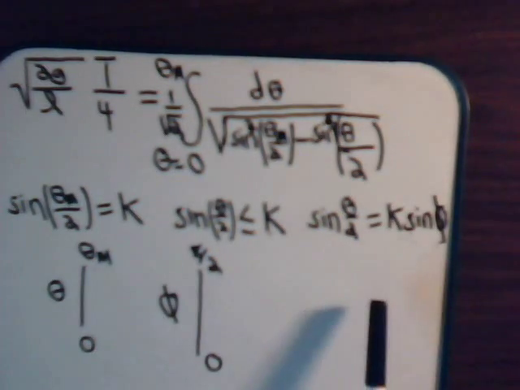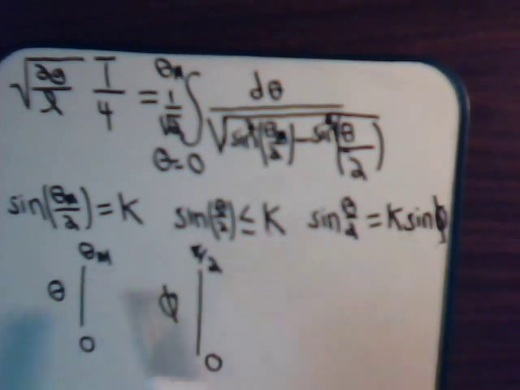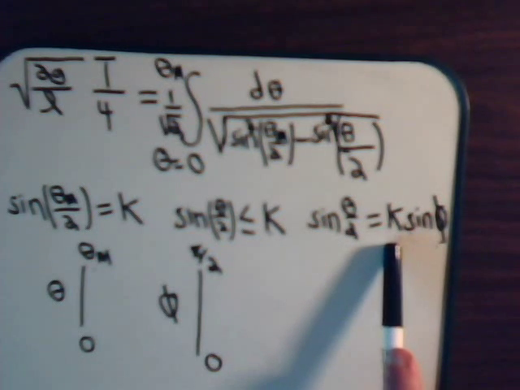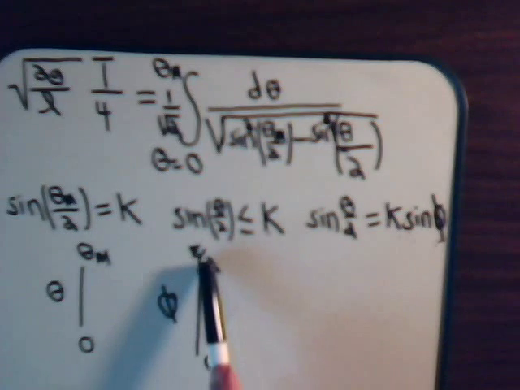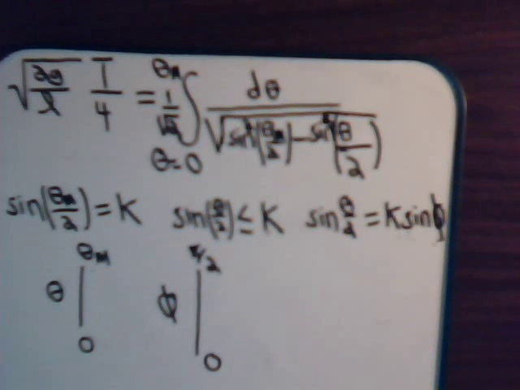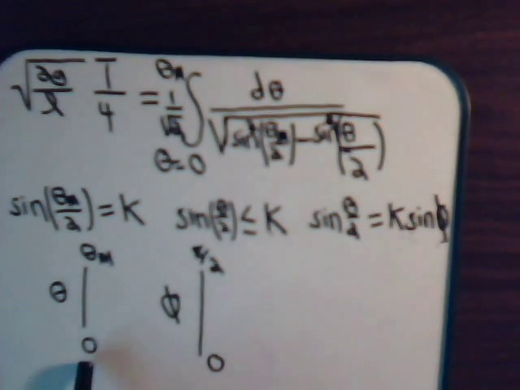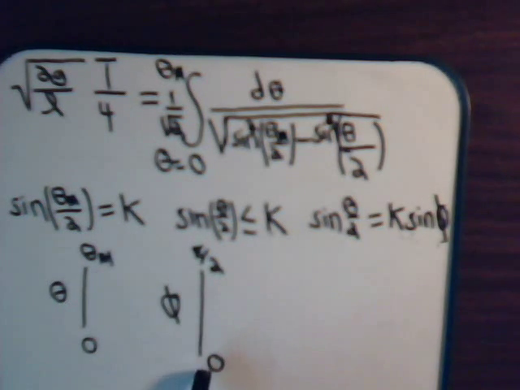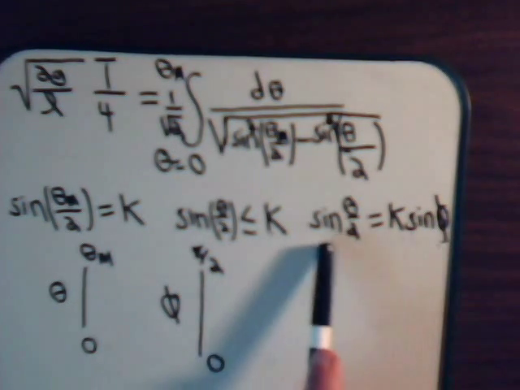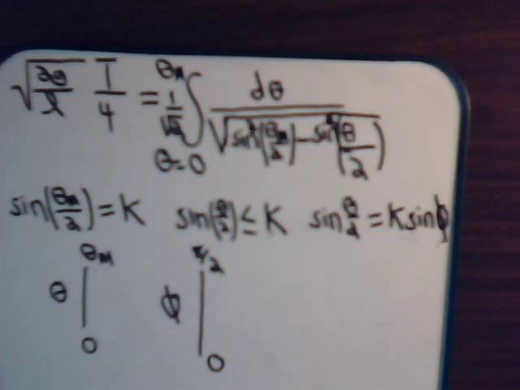So when it goes to here, this is theta m, that has to equal k. This has to be 1, and the sine of pi over 2 is 1. So if theta goes from 0 to theta maximum, psi goes from 0 to pi over 2. So those will be our new limits once we make this substitution inside of the integral.